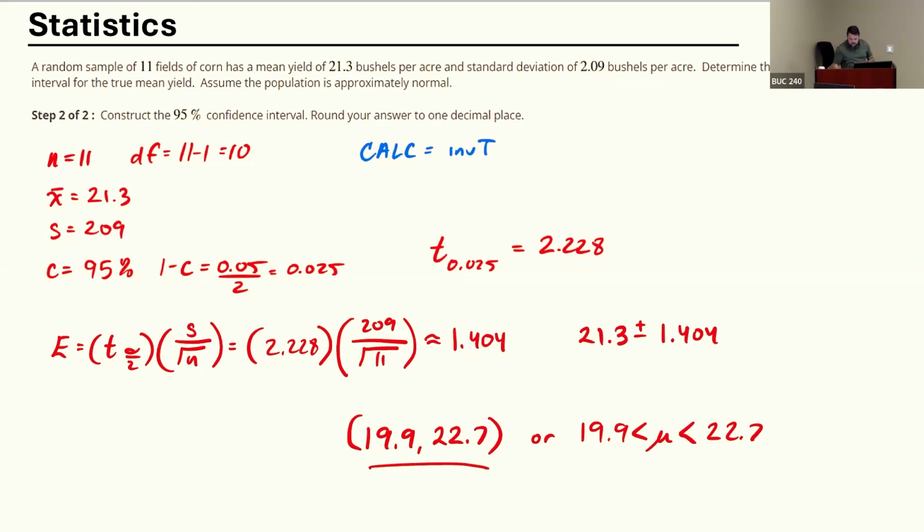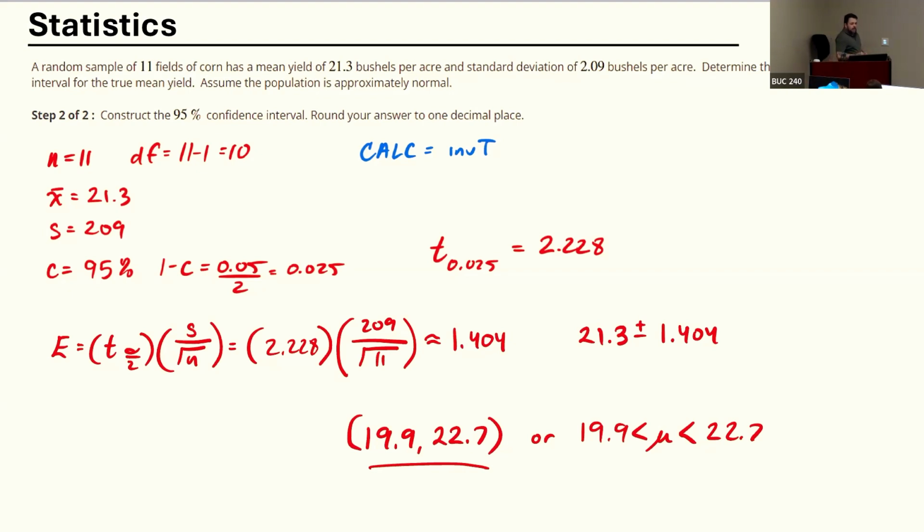Our N value is 11, and then what is our confidence level? 95%, right? Got a really weird number, realize once again I put 209 on the standard deviation, not 2.09.